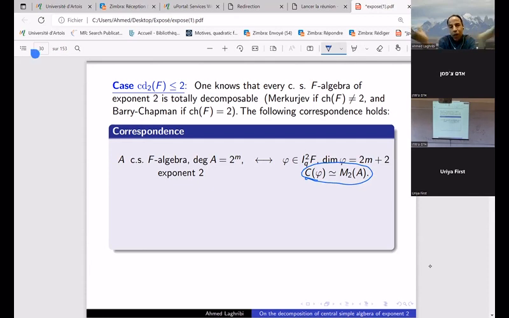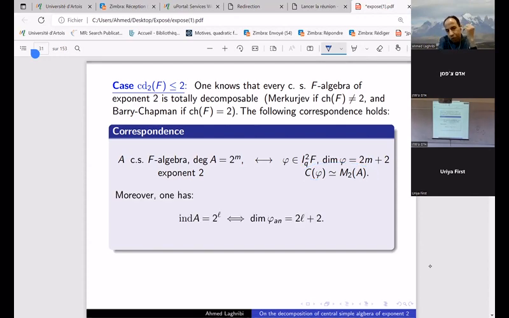Moreover, we can connect the Schur index of the algebra and the Witt index of the form φ. And I have to say that φ in this case is unique up to isometry. The connection is the following: the Schur index is 2^l if and only if the dimension of the anisotropic part of φ is 2l+2. In particular, the algebra is division if and only if φ is anisotropic.